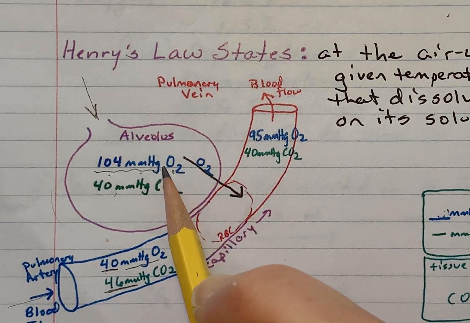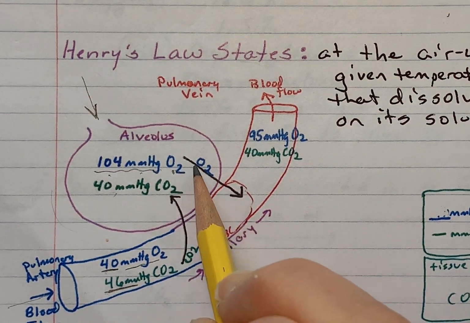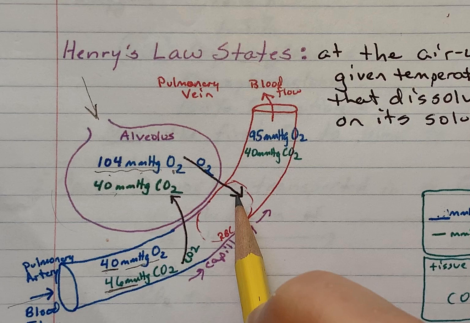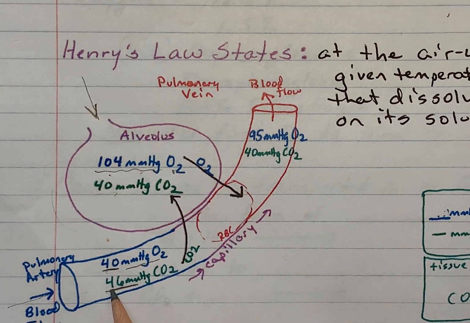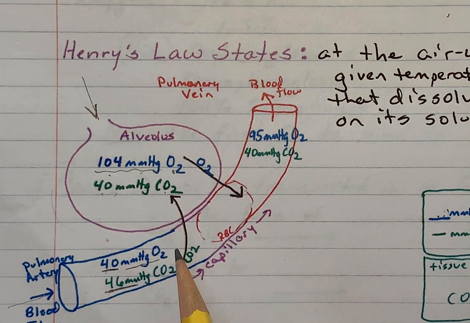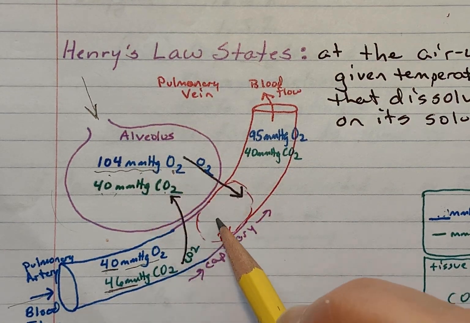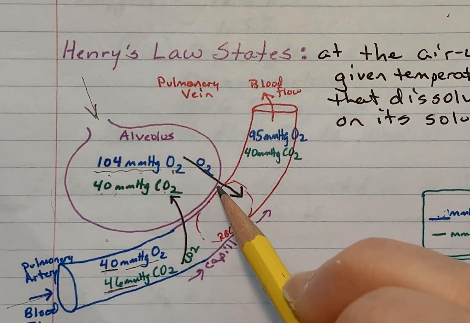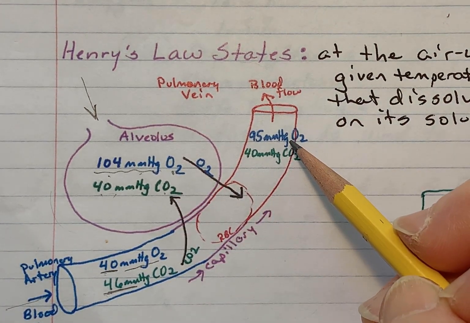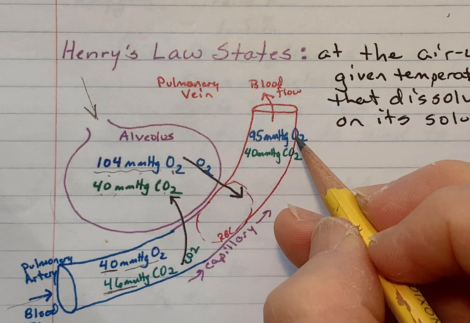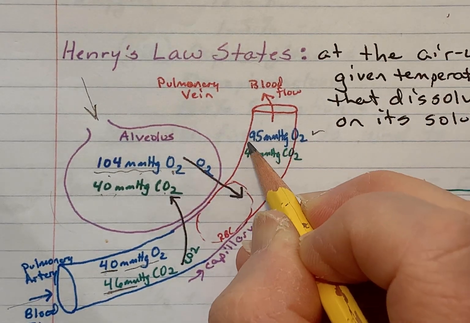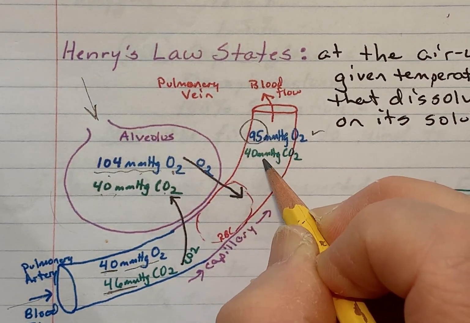So naturally from high to low concentration, the oxygen is going to diffuse over, all right? If this is 46 and this is 40 for carbon dioxide, the carbon dioxide is going to diffuse out into the alveoli. Now, once this gas exchange happens, we look up here and see what has happened. We now see that oxygen has increased to 95.